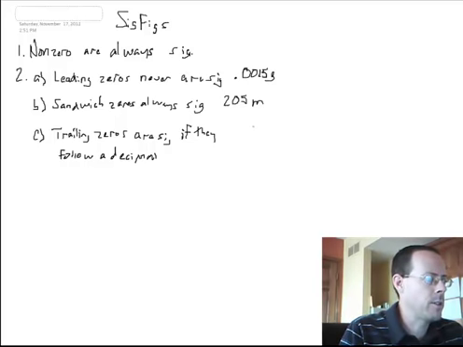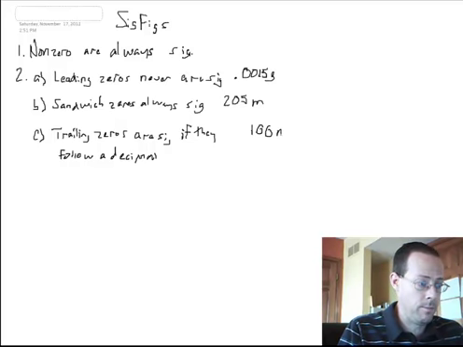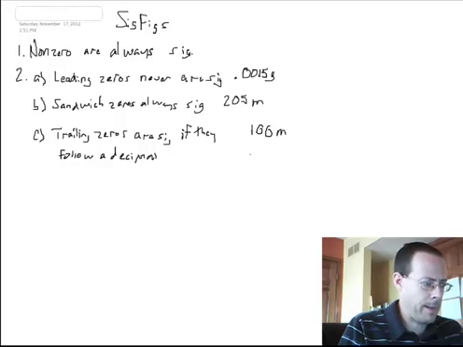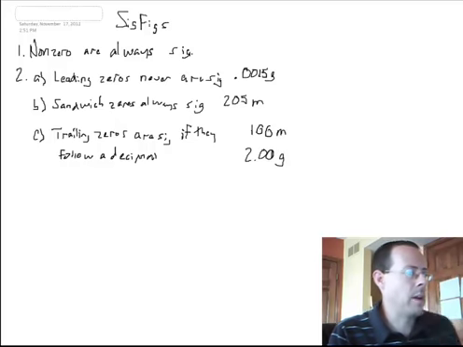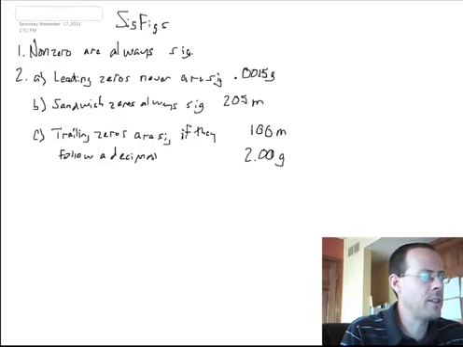So we could have a number like this. We could have 100 meters, or we might have something like 2.00 grams. Okay, so if we have this one, these zeros are not significant because they are at the end. Trailing zeros are significant if they follow a decimal. So these zeros are not after a decimal, so they are not significant.